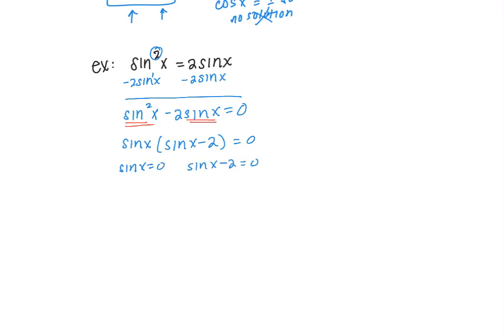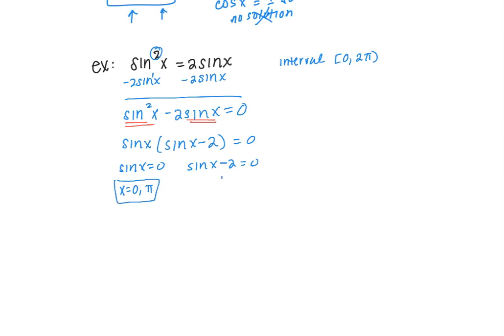This first one already has sine by itself, so what values of the radians on the unit circle have a y-coordinate of 0? And that is going to be at 0 and pi. Technically, you could say 2 pi as well, but if you remember from the instructions, I only wanted it over the interval bracket 0 to 2 pi parentheses, so don't include 2 pi. So there's 2 of my answers.